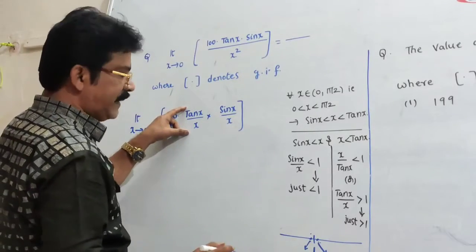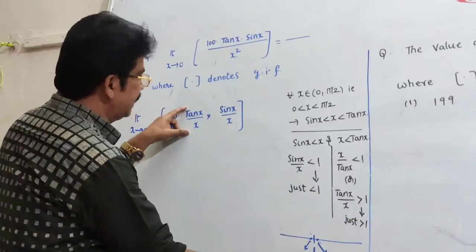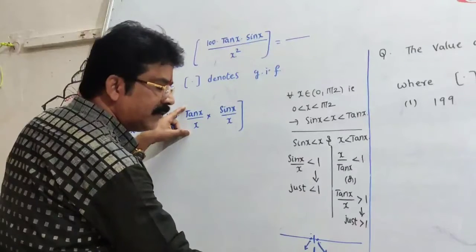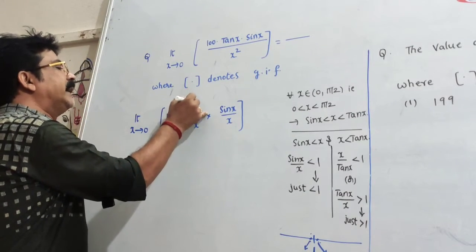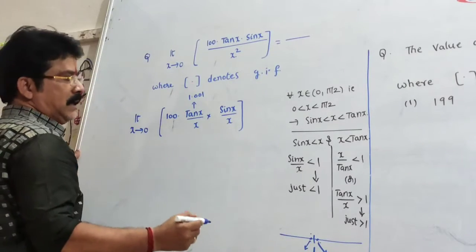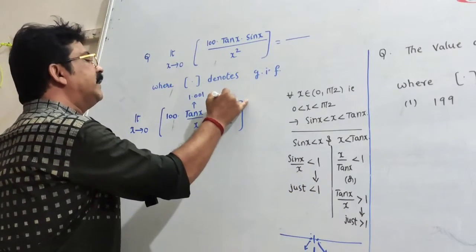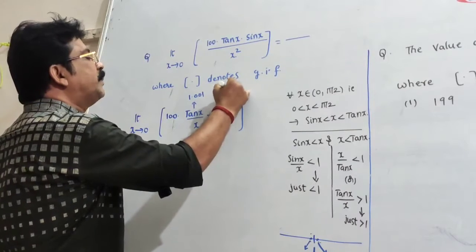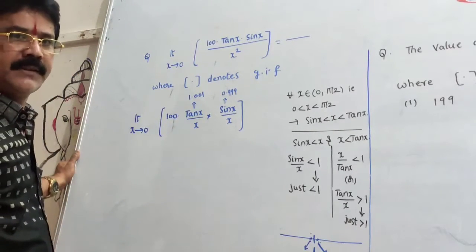What is tan x by x? Tan x by x is just greater than 1, so instead of this value we can write just greater than 1, meaning 1.001. Next, sin x by x is just less than 1, so it can be taken as 0.999. Okay, understand?